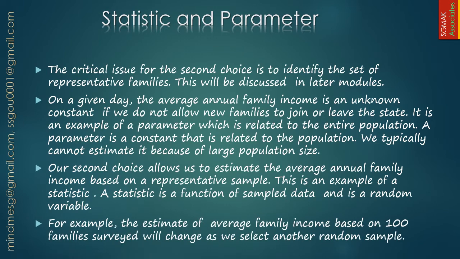For example, if we estimate the average family income based on 100 families surveyed, I've just picked a number, 100, arbitrarily, every time we take a random sample of 100 families, you're going to get a different average. Sample average is a statistic and it is a random variable.